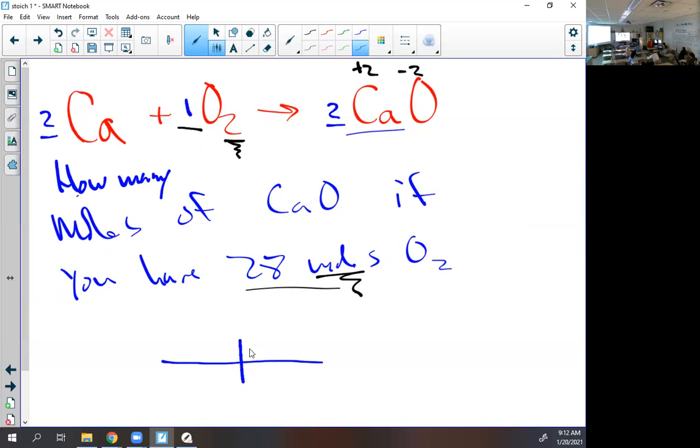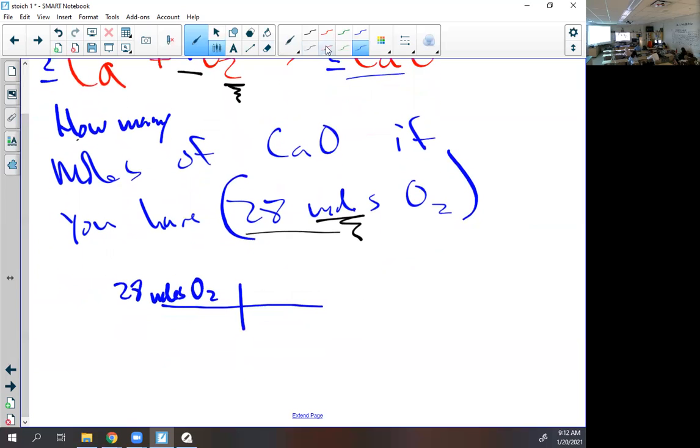So I start with the number and the unit it gave me. 28 moles of O2. Now, my friends, I'm going to say this a ton. The unit here always goes where? Down and over. The unit here always goes down and over on every single one of them. So I have moles of O2.